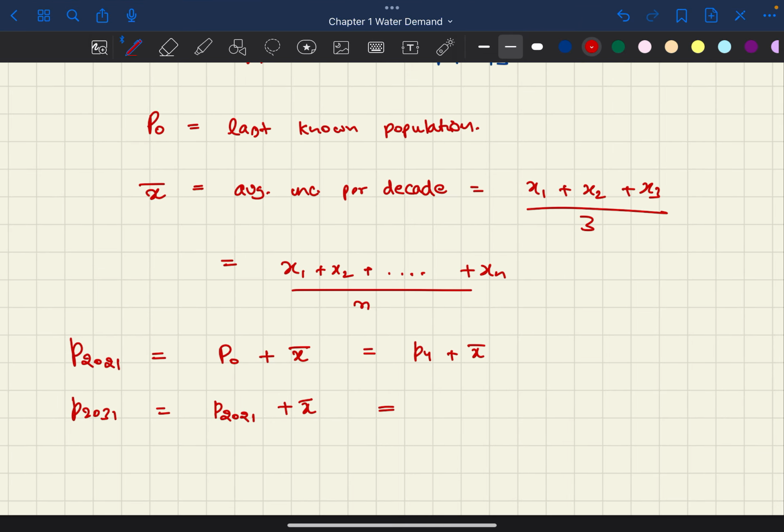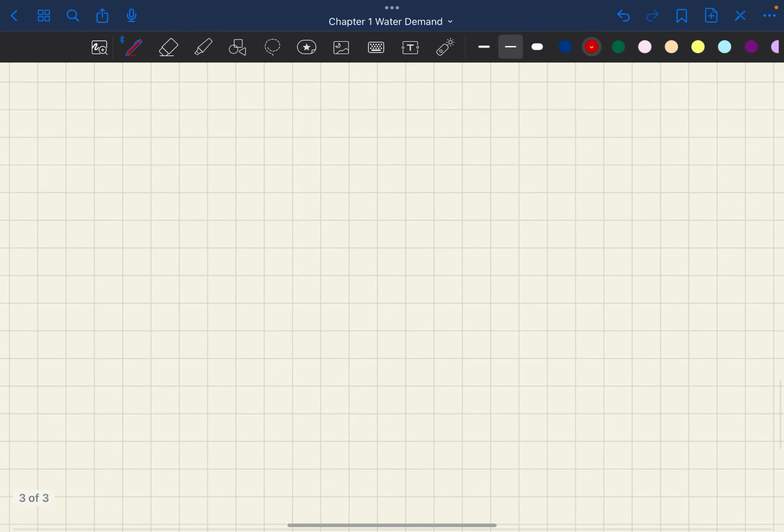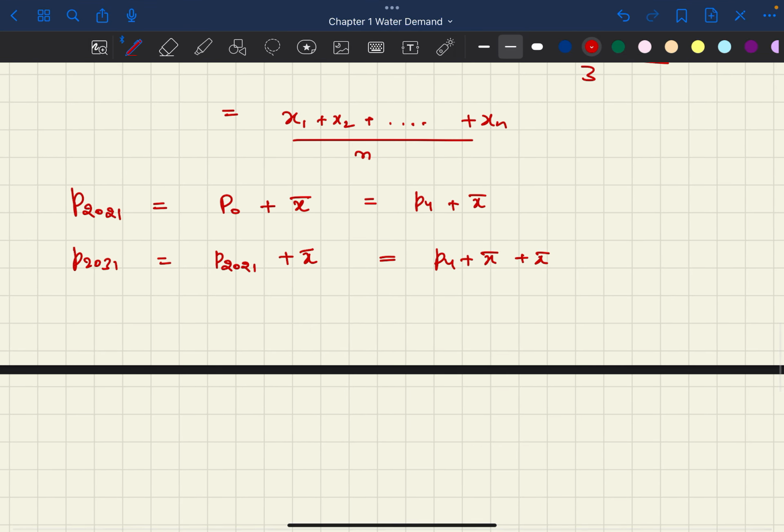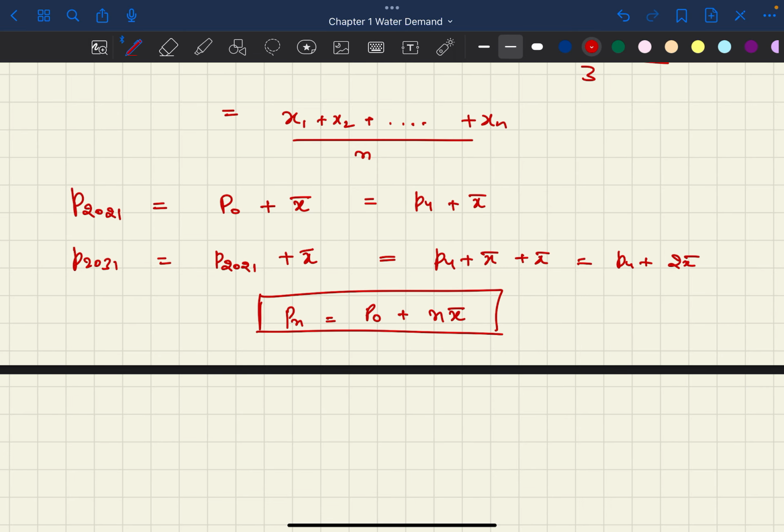This is equal to P4 plus x bar plus x bar. So like this, the general formula is going to be Pn is equal to P naught plus n x bar, as it is P4 plus 2x bar.